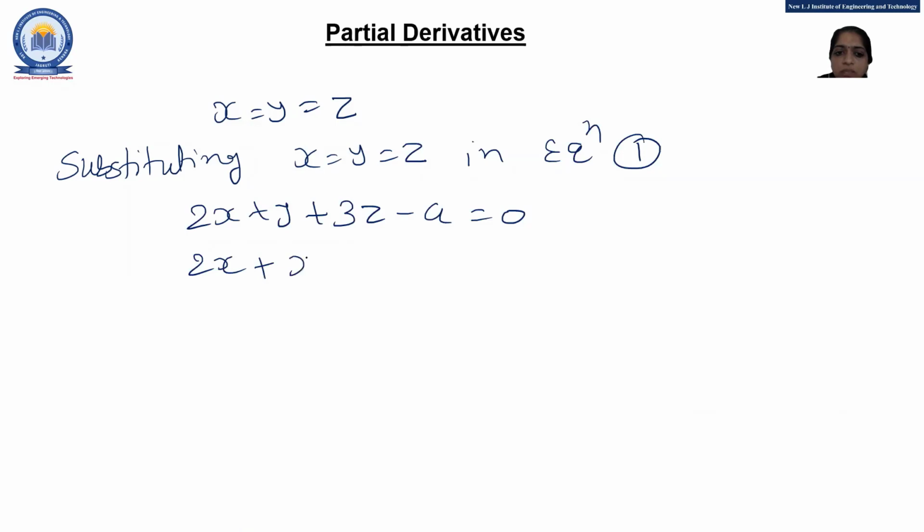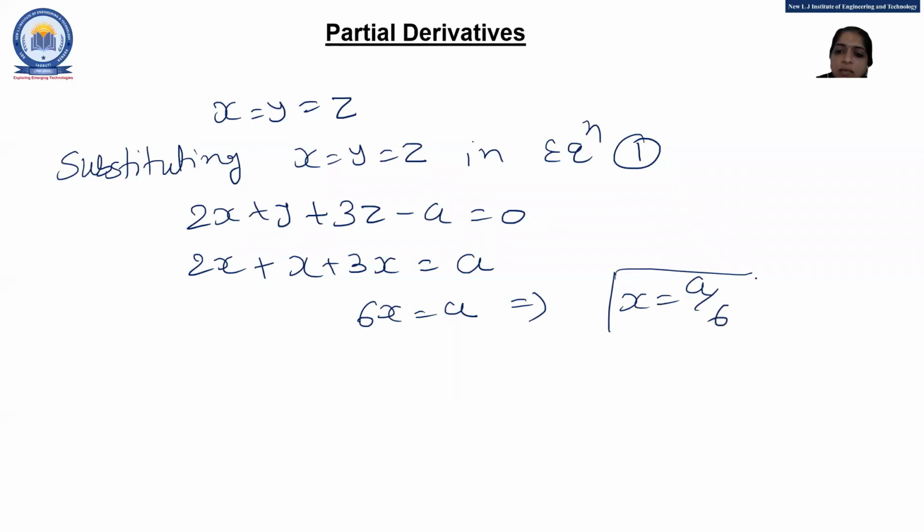So 2x plus 3x, and moving minus a to the right hand side, that is plus a. So 6x is equal to a, which implies x is equal to a by 6, right? And x, y and z are all the same, so x is equal to y is equal to z is equal to a by 6.